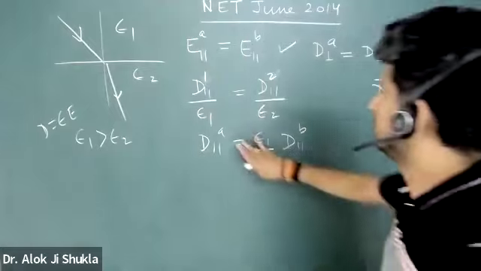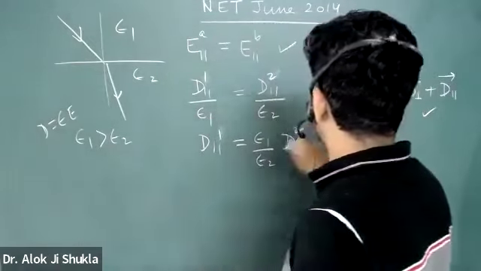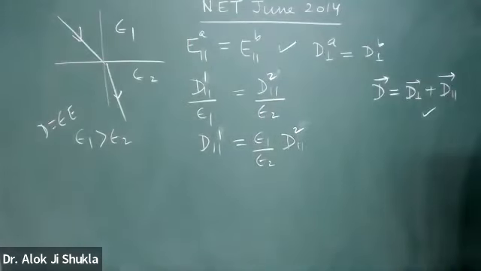So which one is bigger? The D2 component. How? Epsilon 1 is greater than epsilon 2.